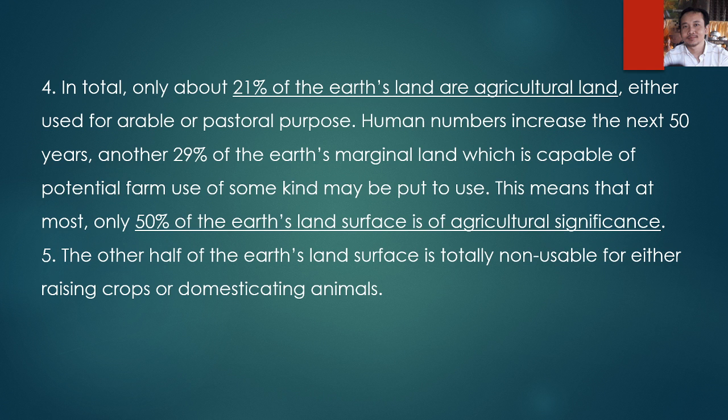And number 5, the other half of the Earth's land surface is totally non-usable for raising crops and domesticating animals. It is either too dry, too cold, or too rocky to support any form of arable or pastoral farming.